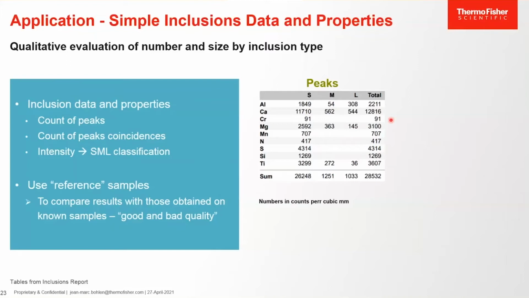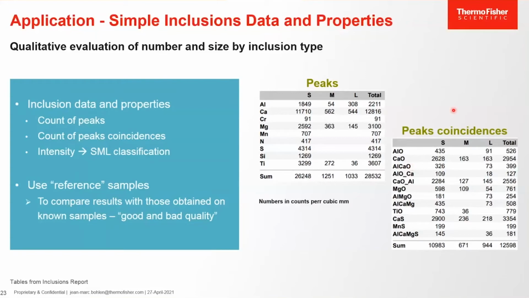You see different elements that have been evaluated in terms of small inclusion number, medium size inclusion number, and large size inclusion number, for total number on the right side. These numbers are per cubic millimeter.